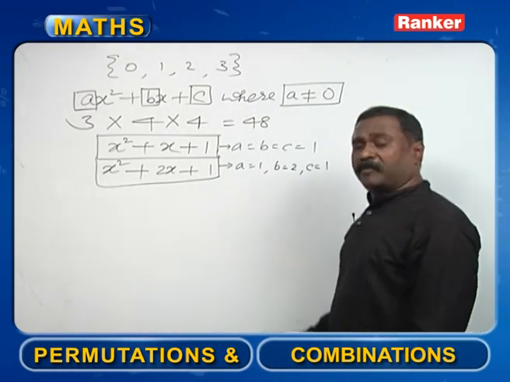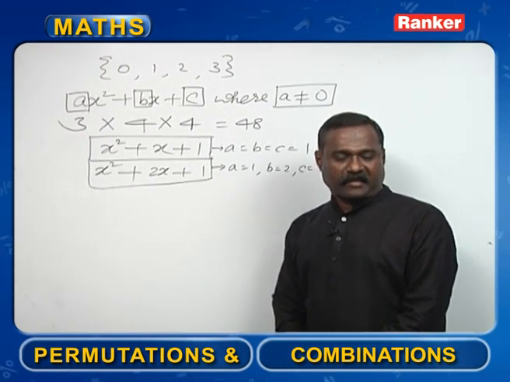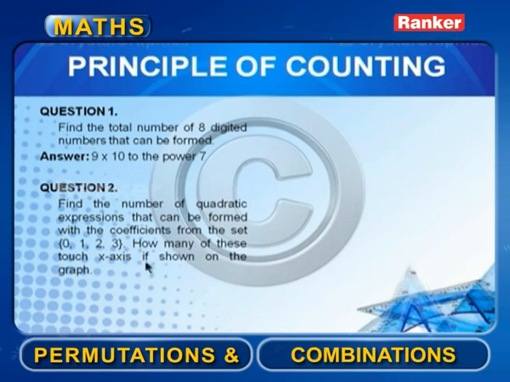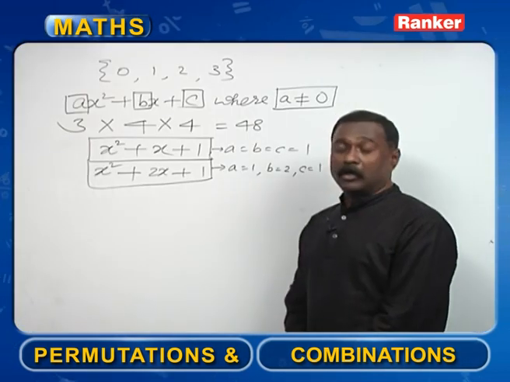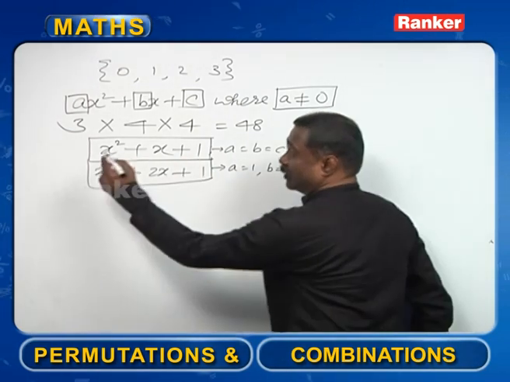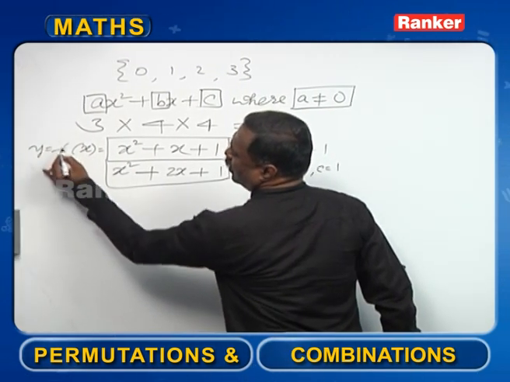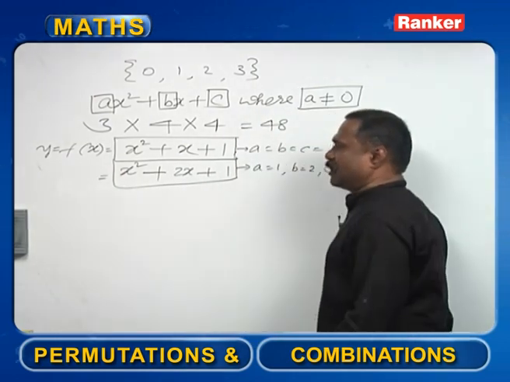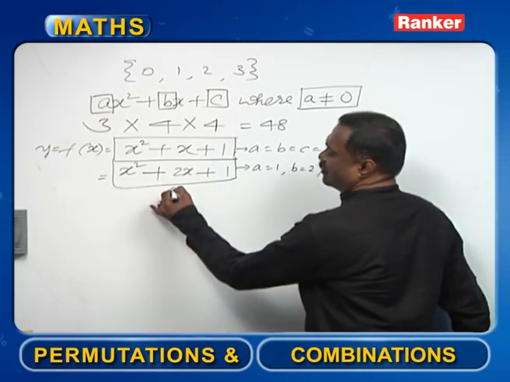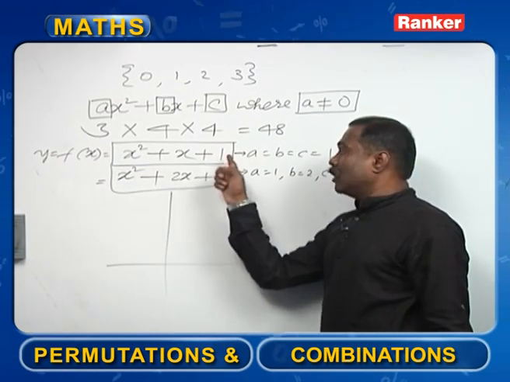Now, if you see this carefully, the question given is how many of these touch the x-axis if shown on the graph. You all know the graph of a quadratic expression. It is from the lower classes itself, from your 10th class itself, you have learned the standard form of this quadratic expression. If you take y is equal to f(x) is equal to x square plus x plus 1 and show this on the graph, if you put x equal to 0, then it is 1.